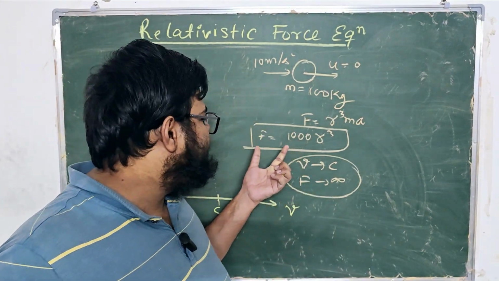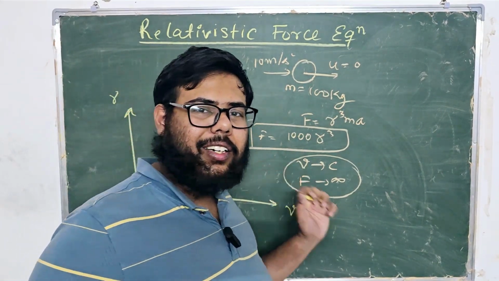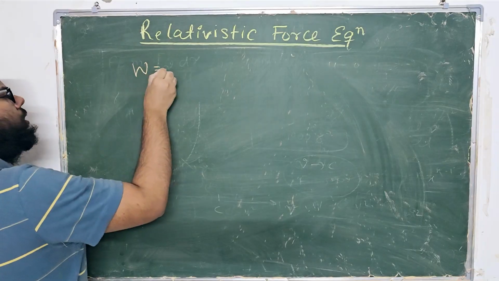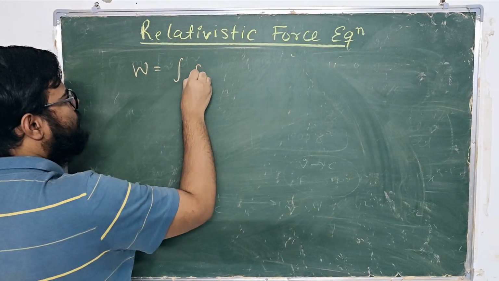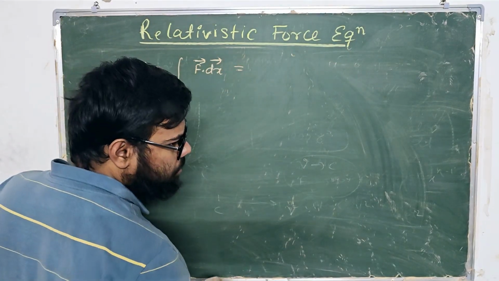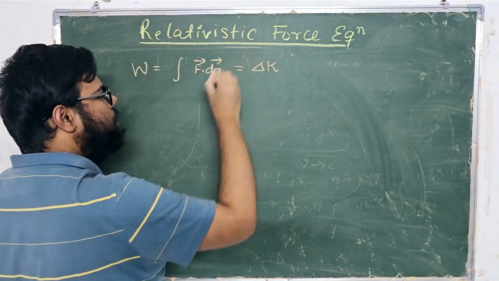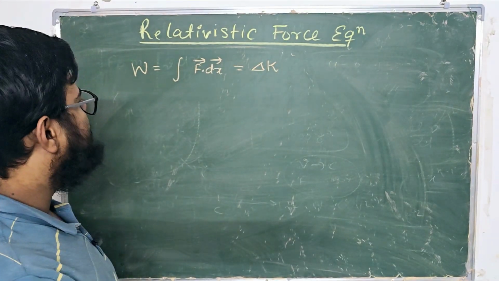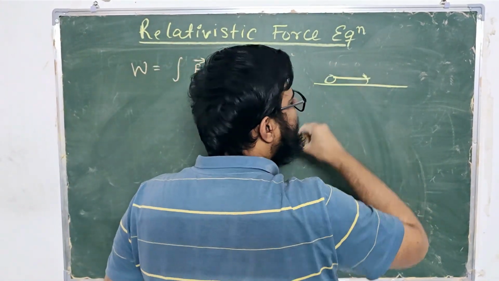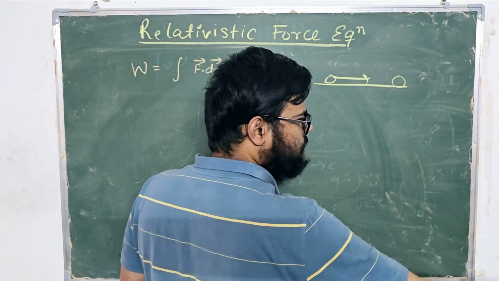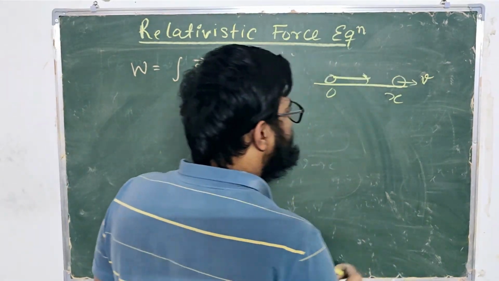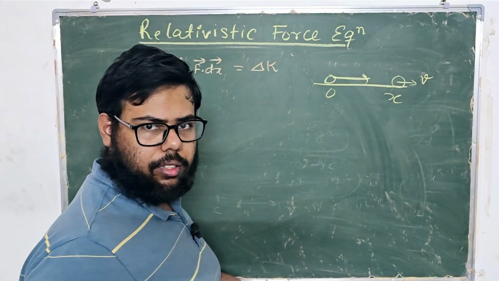Now let's derive kinetic energy using this expression. Let's see how we can derive. Now what is kinetic energy? Well, work done is the integral F dot dx, which is equal to the change in kinetic energy, right? So suppose the body is over here and you apply a force and it goes to some arbitrary point, suppose at x, and now it is moving at velocity v, and you are again applying a force, right?